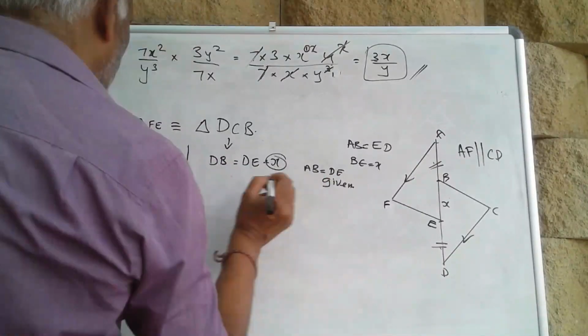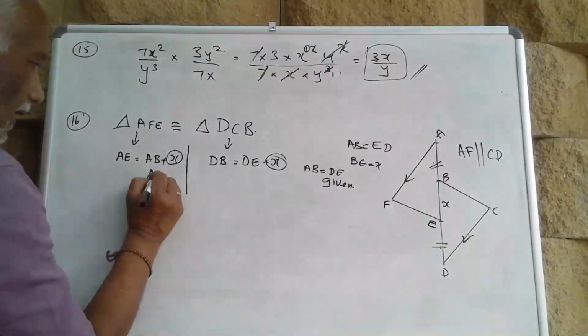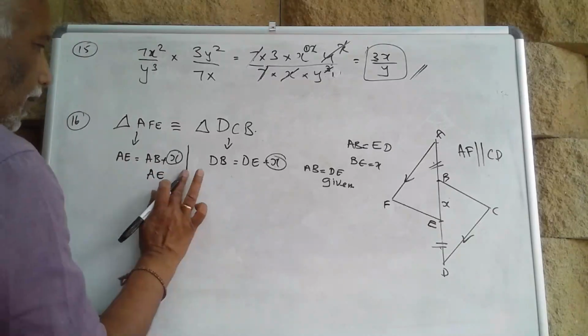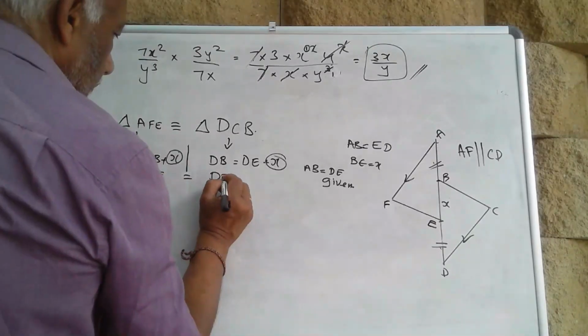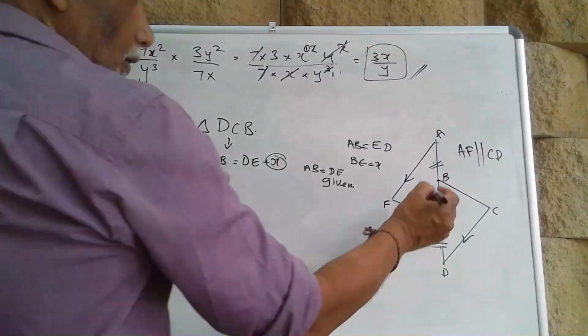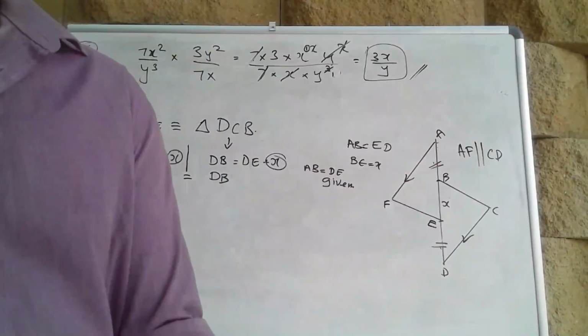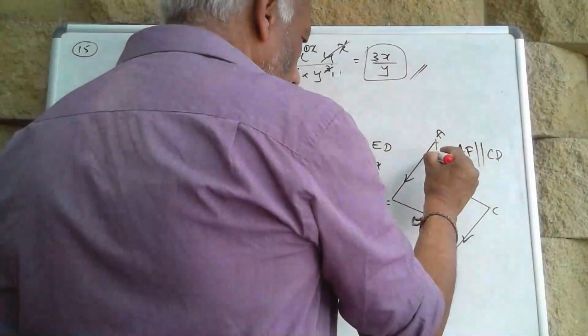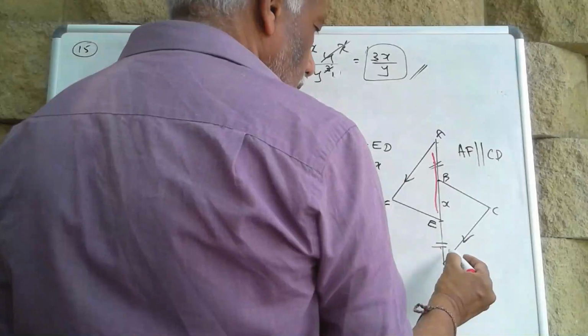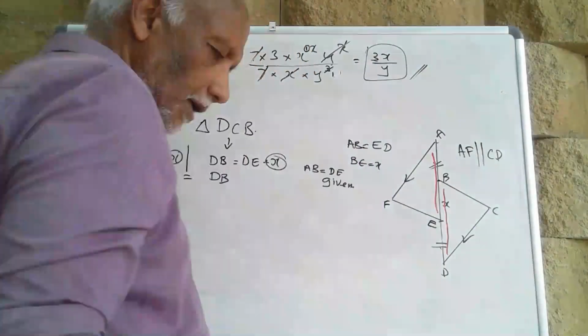Therefore, in that case, AE must be equal to DB. So the whole lot, if I draw it properly, that one is equal to this one. So that's another side now.